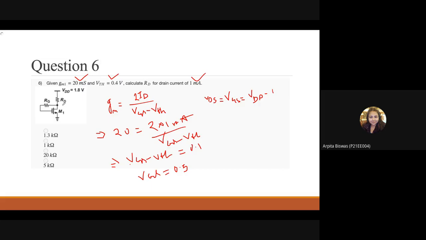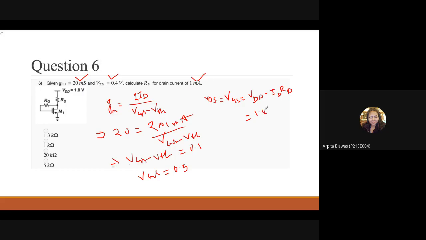Here VGS equals this VDS, and VDS equals VDD minus ID RD. Both are the same. So VDD is 1.8, right?